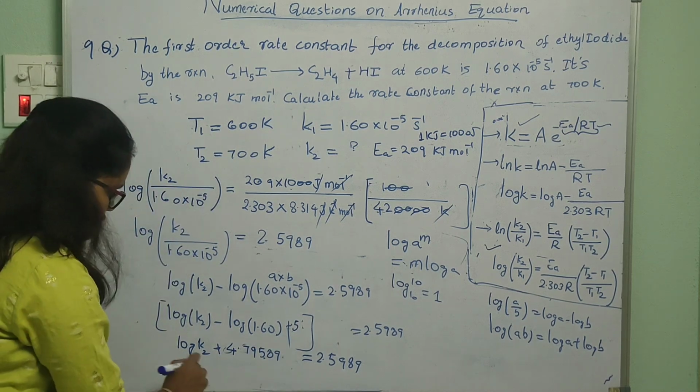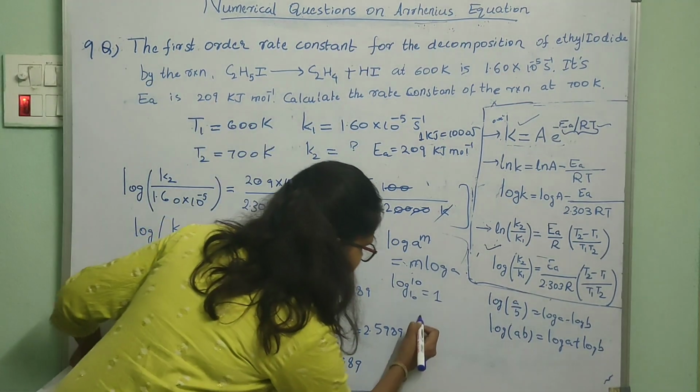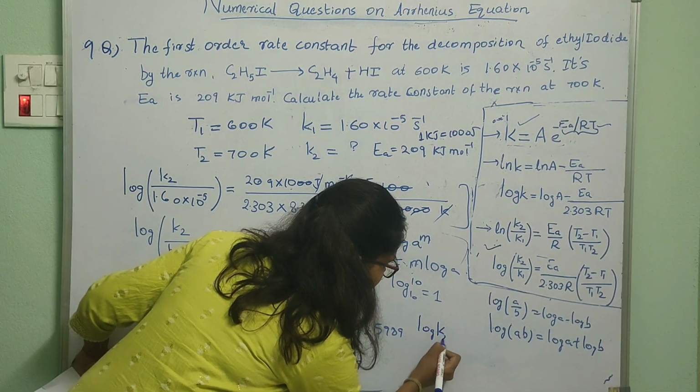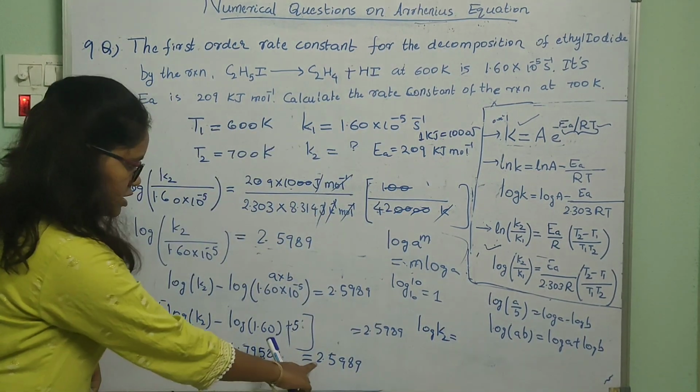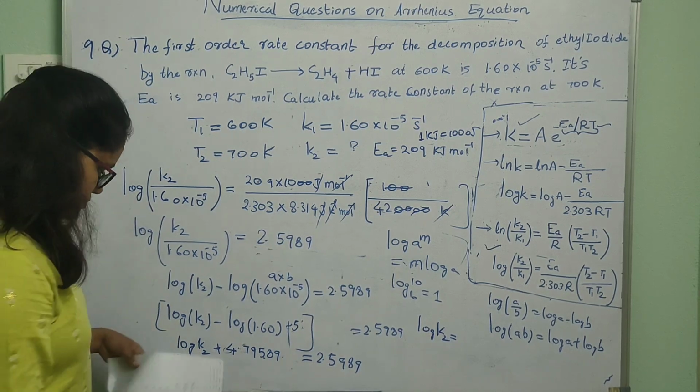Now we have, I'll write it here, log K2 is equal to 2.5989 minus 4.79589.